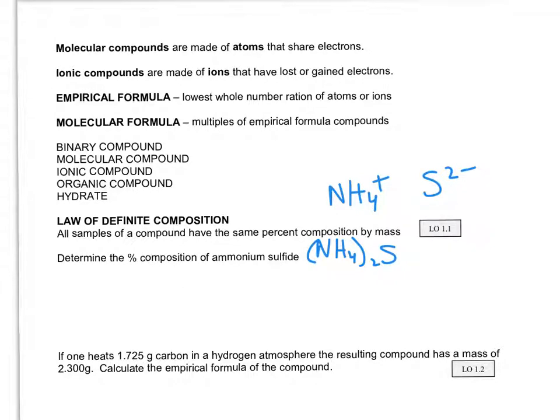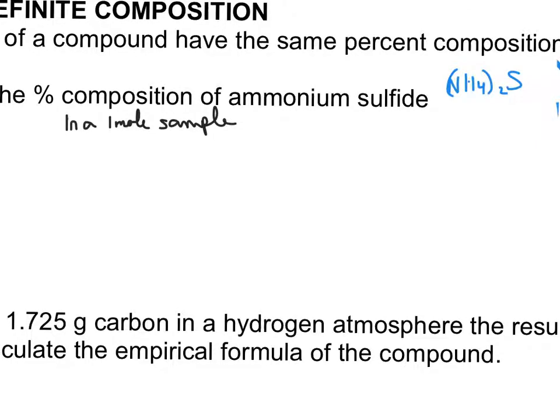So in a 1 mole sample of ammonium sulfide, my total mass would be, I'd add up 2 nitrogens, 8 hydrogens, and 1 sulfur. So in a 1 mole sample of (NH4)2S, if I wanted to calculate the percent nitrogen, that's going to be the mass of nitrogen over the total. So if I had 1 mole of (NH4)2S that means I have 2 moles of nitrogen.